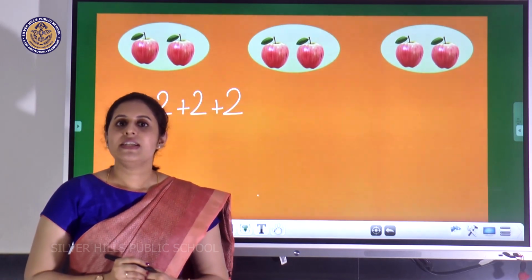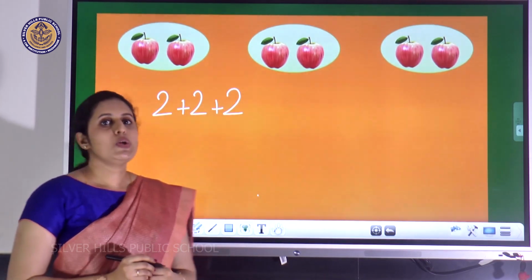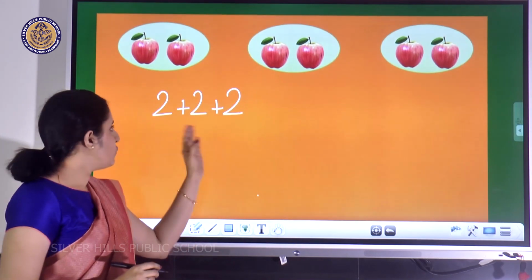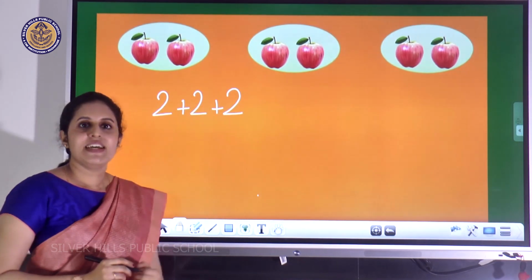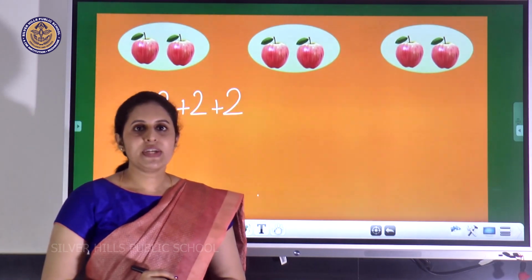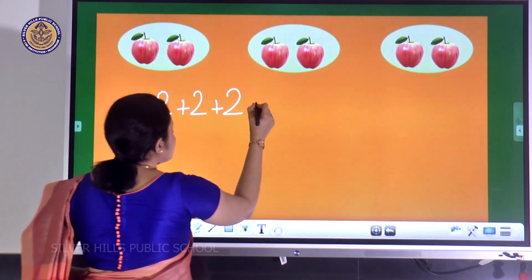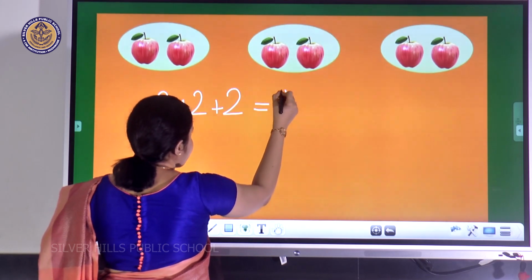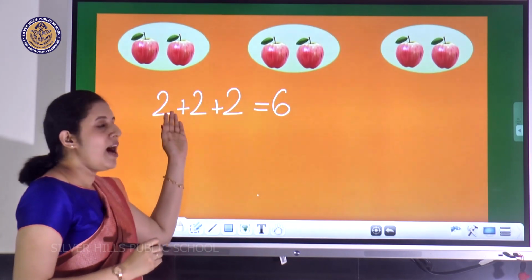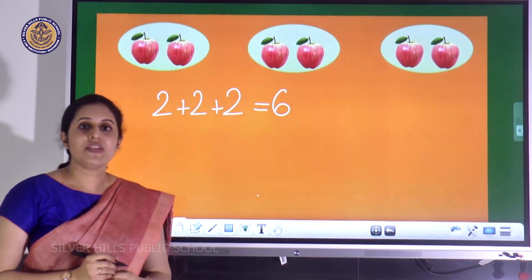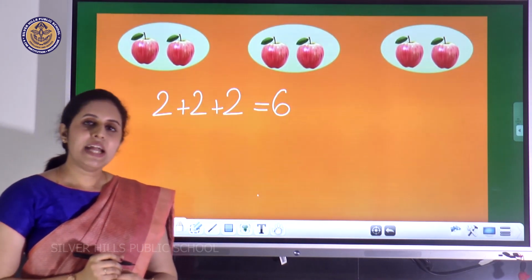So, you skip and count from 2, right? 2, 4, 6. So, how many apples are there all together? Yes, 6 apples are there all together. This is how we found the total number of apples using repeated addition.